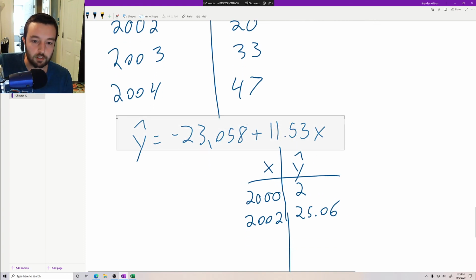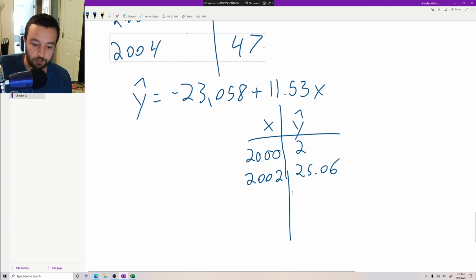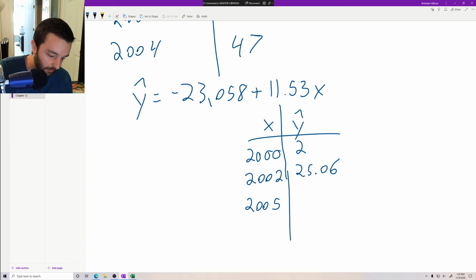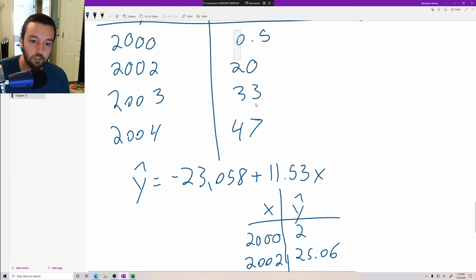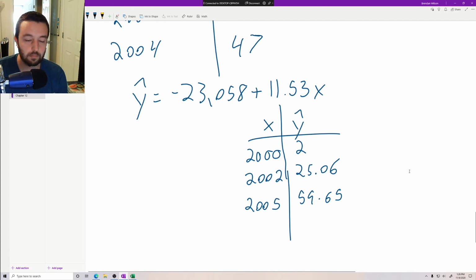So what we'd want to use this for is making predictions like, okay, what's going to happen in 2005, right? And then we can just put 2005 into our equation, subtract 23058, and we get 59.65, which seems reasonable based on the trends here, right?